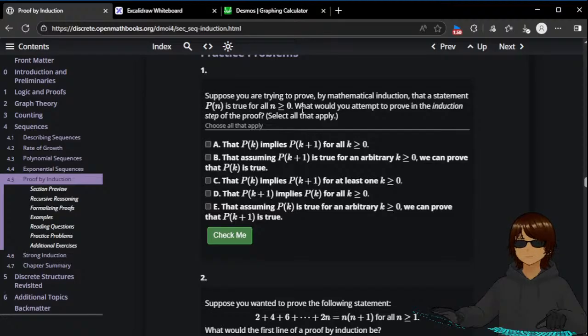Suppose you're trying to prove by mathematical induction that the statement Pn is true for all n greater than 0. What would you attempt to prove in the induction step of the proof? That Pk implies Pk plus 1 for all k greater than or equal to 0.